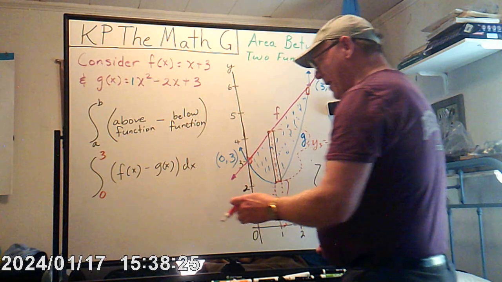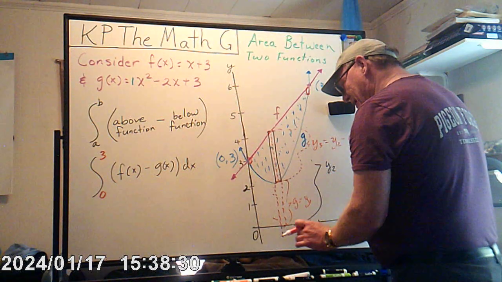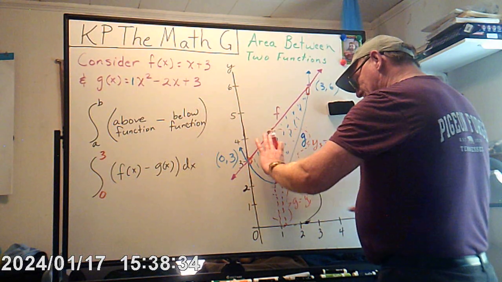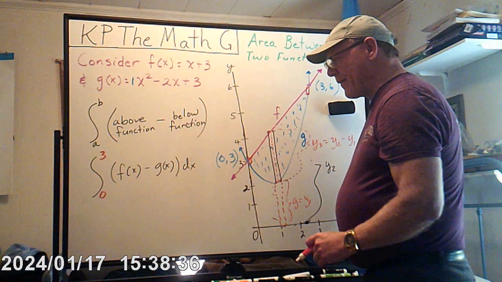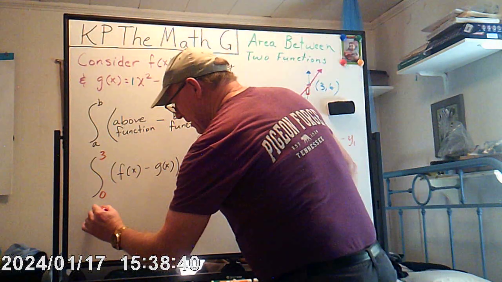But here we got f. All right, we're looking at this portion right here. Now, what is f at x? It is x plus 3.